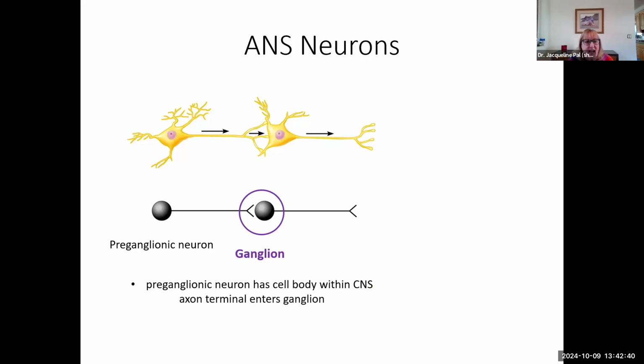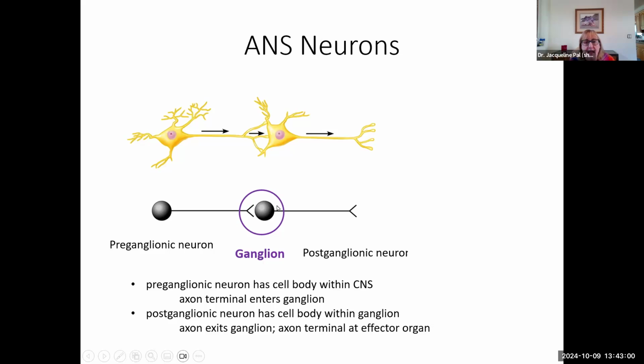The preganglionic neuron has its cell body in the central nervous system, in the spinal cord. Its axon travels, and then the axon terminal enters the ganglion. It's going to synapse within the ganglion with the cell body of what is called the postganglionic neuron, whose axon then exits the ganglion, and its axon terminal is going to be at the effector organ.